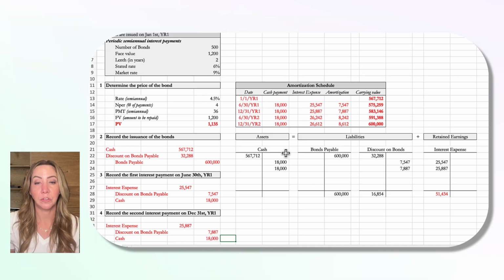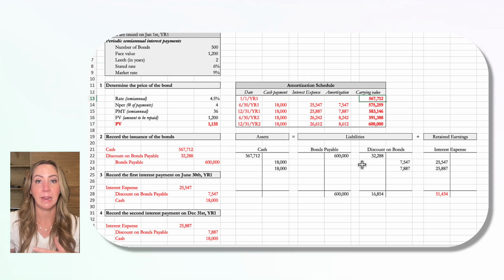Let's review the amortization schedule real quick. We start with the carrying value. Look, it's on a line all by itself. Nothing else happens on January 1st other than the issuance of the bond. We put the carrying value in the amortization table, even though we are putting $600,000 in the bond payable account, and that discount amount, that extra interest or the reduced price, goes into a contra account, making our carrying value this amount.